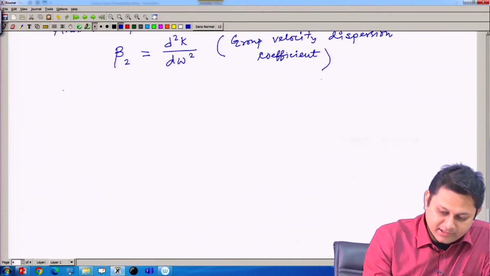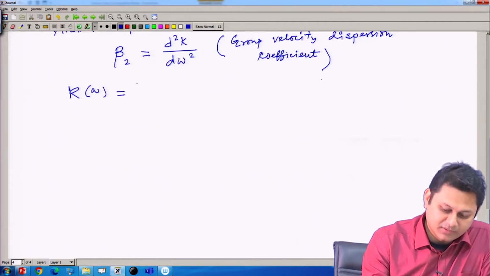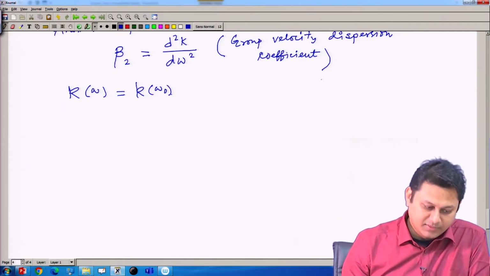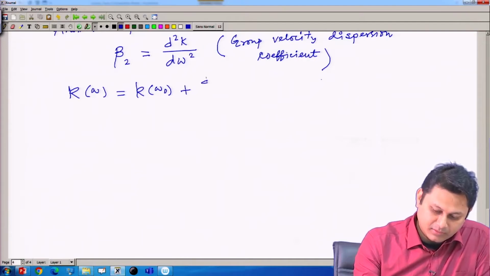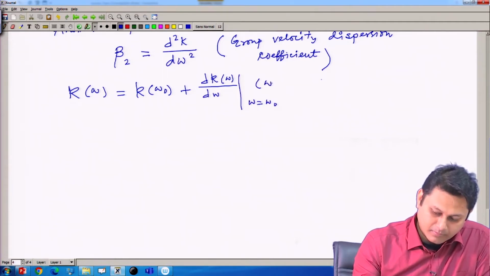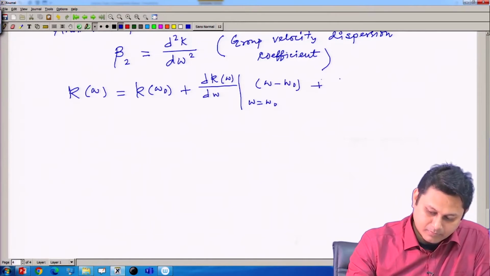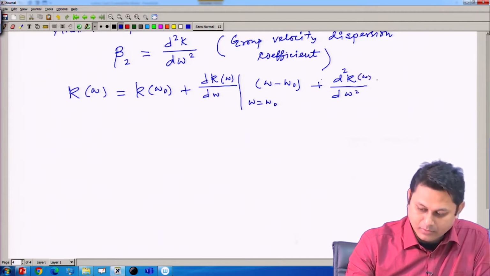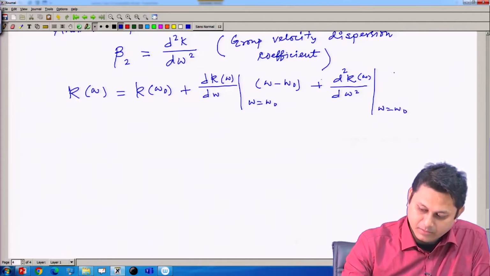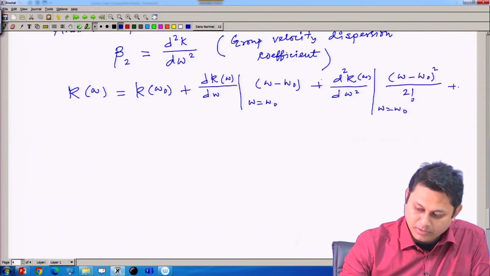Now, one can realize this coefficient by expanding the propagation constant k, which is a function of omega, as a Taylor series around the frequency omega 0, the operating frequency, evaluated at omega equal to omega 0, and so on.